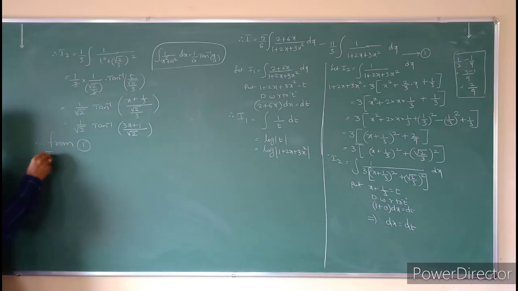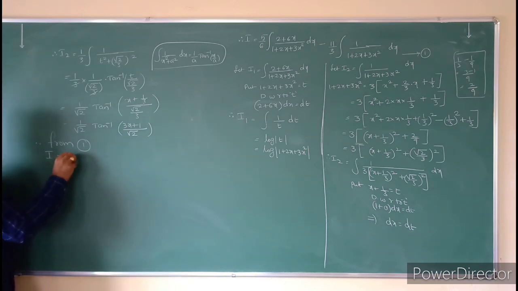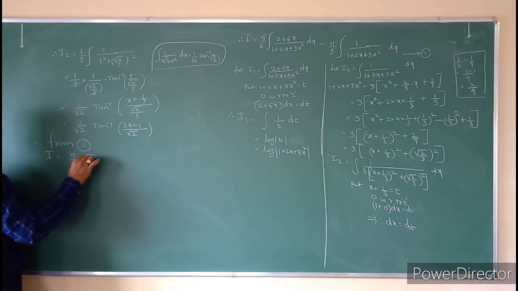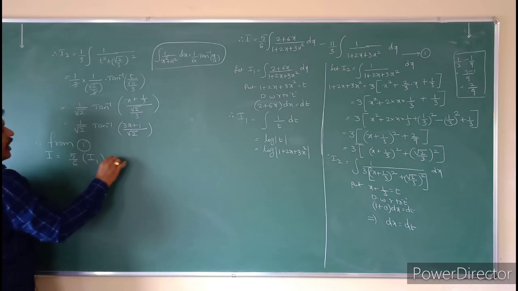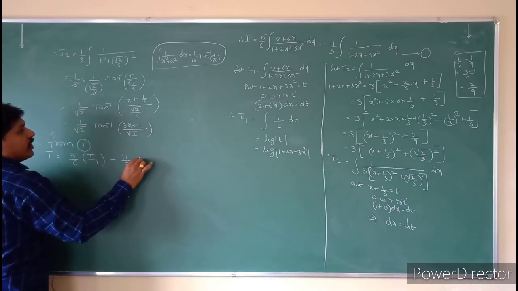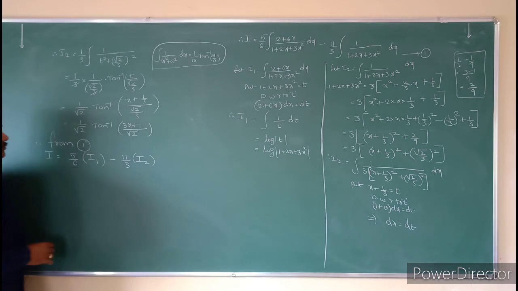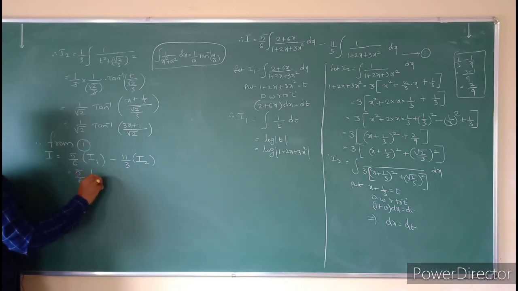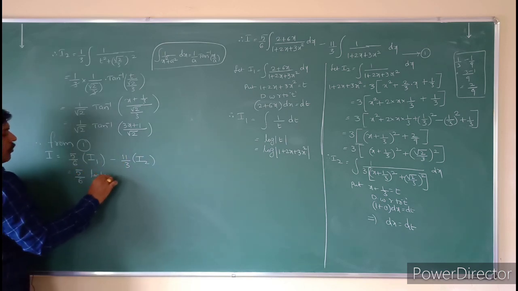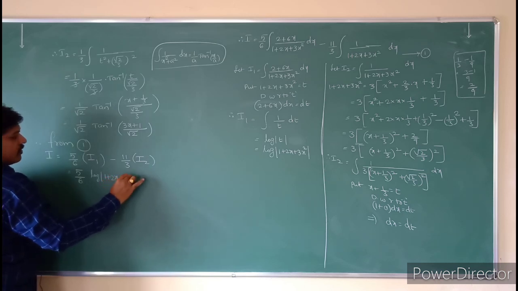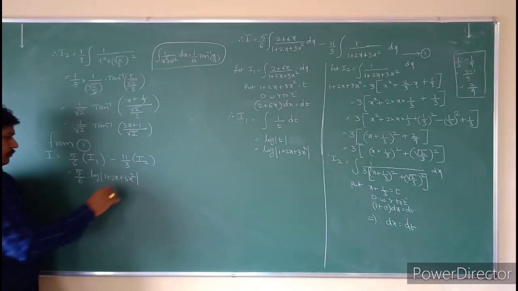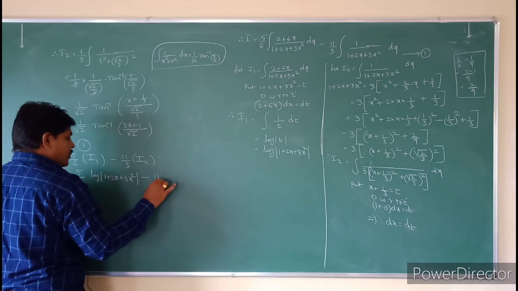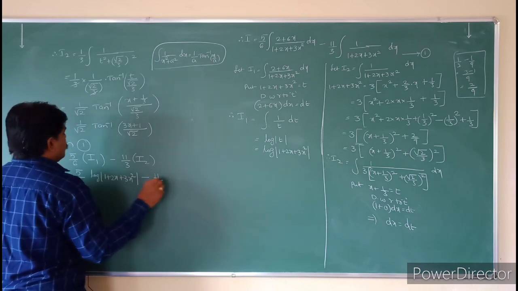I is equal to, what is the I? 5 by 6 into I1 minus 11 by 3 into I2. So that is equal to 5 by 6 into, what is the I1 value? I1 value is nothing but log mod 1 plus 2x plus 3x square, minus 11 by 3 into, what is this value?